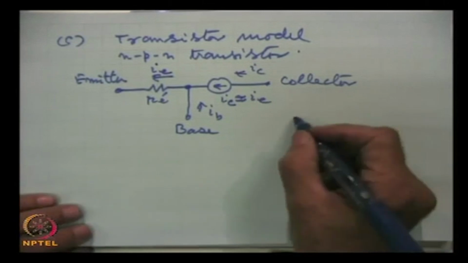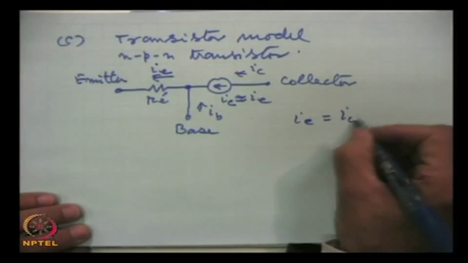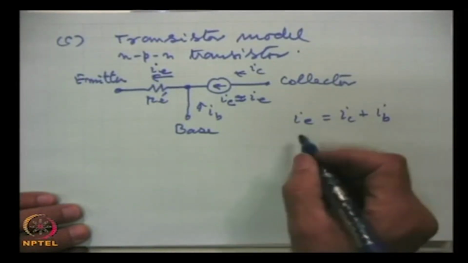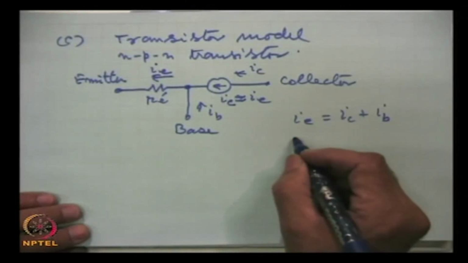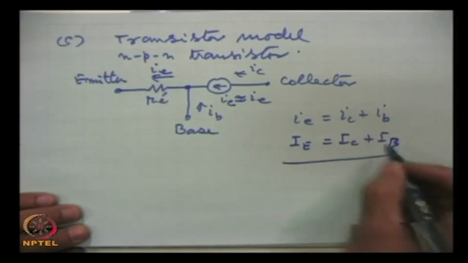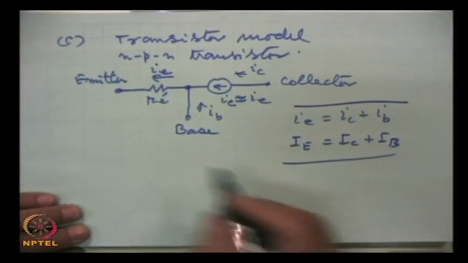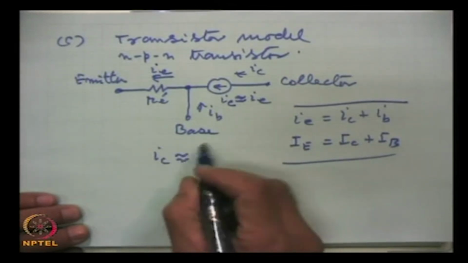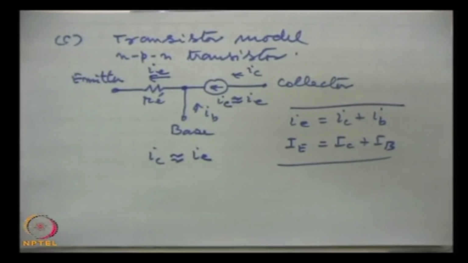One thing is that I E is equal to I C plus I B. This is for AC currents, and similarly for DC currents, I E is equal to I C plus I B. This is very fundamental, and I C, as I have written here, is very close to I E, because base current, which is the recombination current, is often 2 orders of magnitude or even 3 orders of magnitude smaller than emitter current or collector current.